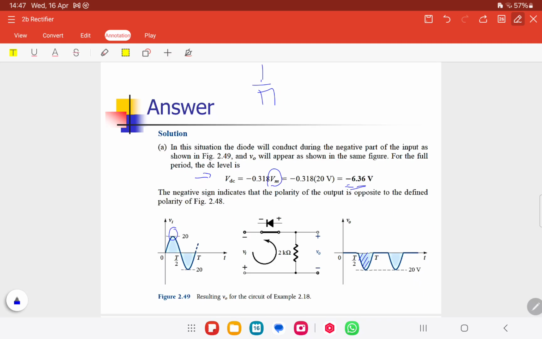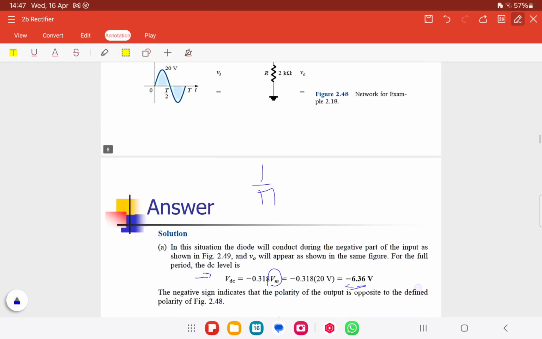For the negative cycle, because of the reverse direction, it takes from here. The direction of the diode is reversed.